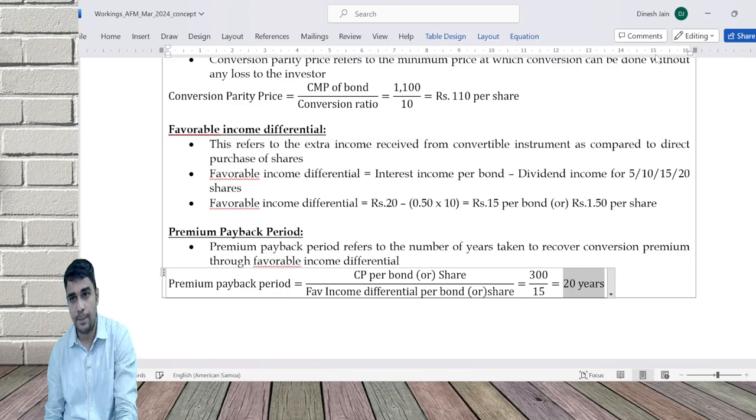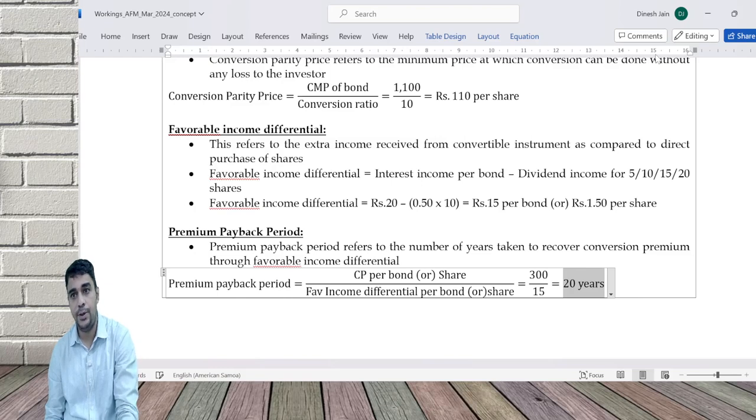When the conversion has not happened, correct? Without conversion, you are getting your income differential. The moment conversion happens, it is a share only after that. After that, there's no favorable income differential. I'm not taking conversion into consideration. How much extra did I pay today? 300 rupees.